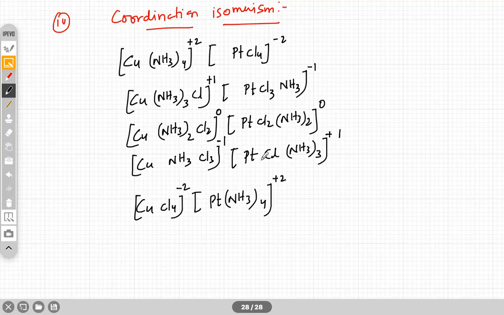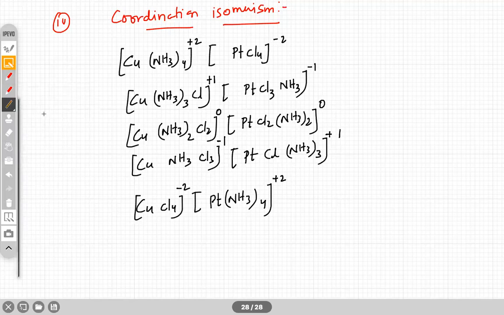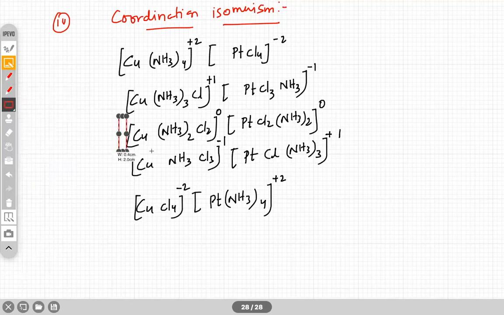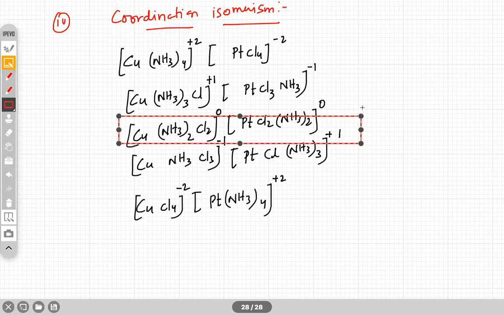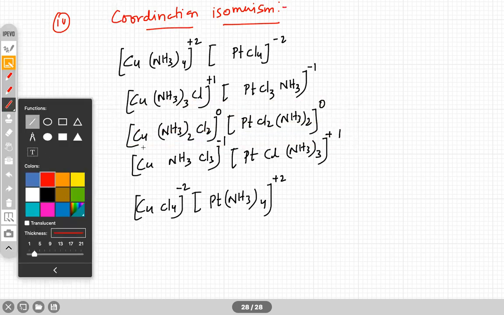Okay, all these possible combinations we can draw, but out of these 5 combinations, this one is not possible. Why this one is not possible, I'll tell you.